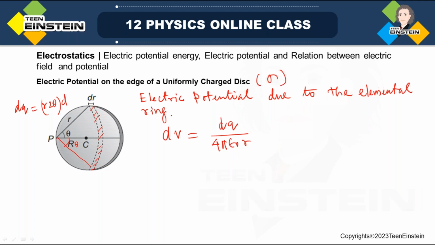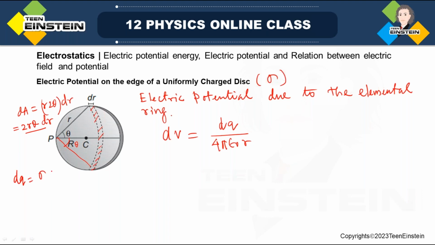This is kind of a rectangle now. So the area of the element is 2r theta dr.